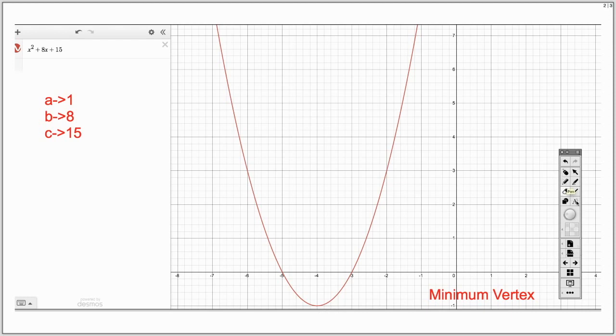So that is my point, and I'll plot it right here.